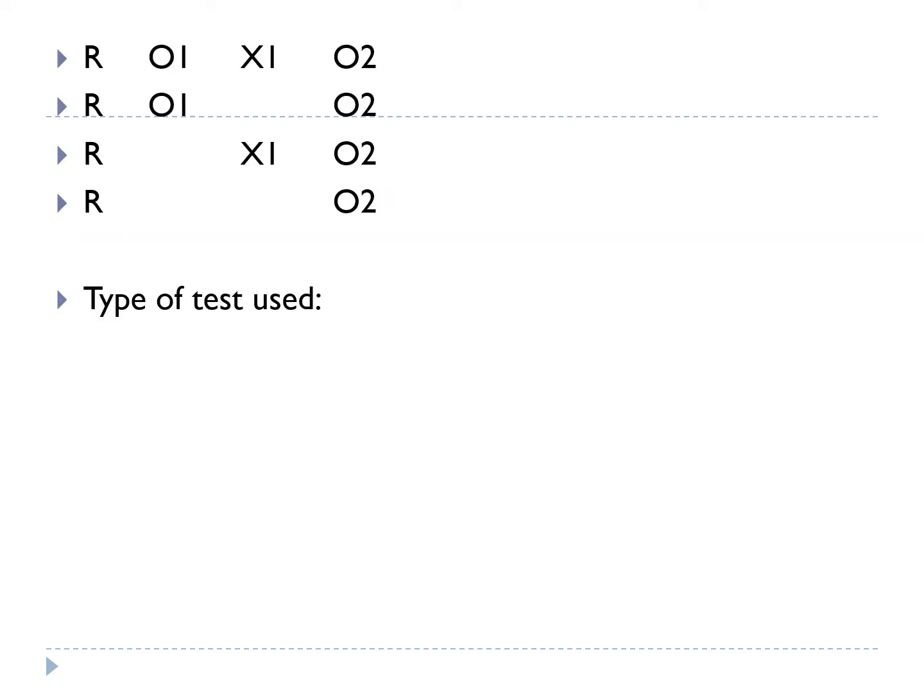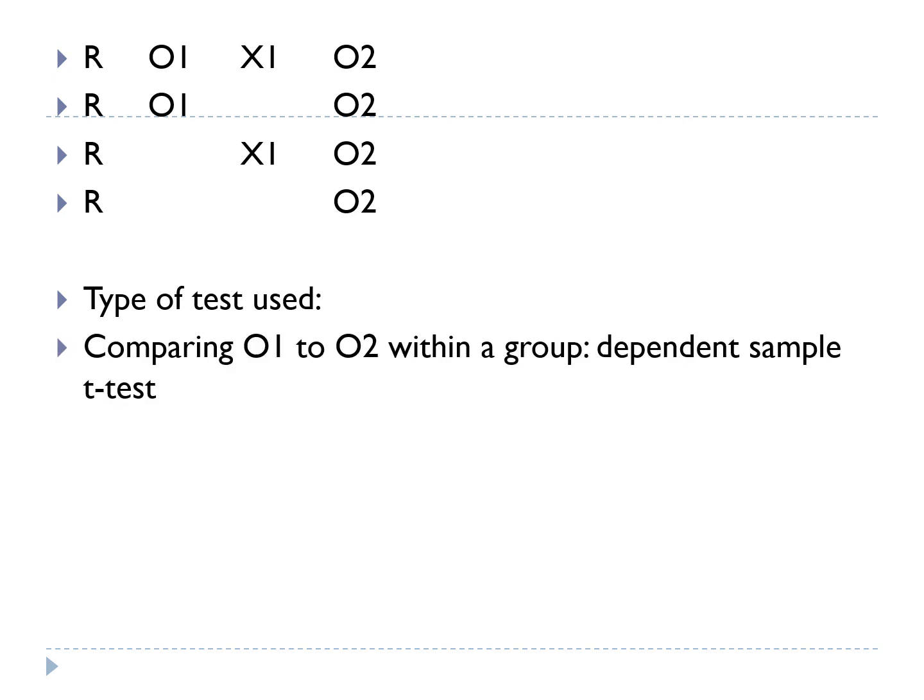Let's go ahead and look at this and think a little bit more about the type of statistical test we would use. Once again, this is just intended to spark some memory from statistics and to have you thinking about how design is linked with statistical tests as a bit of a review in anticipation of having to do this exercise for phase 4. So if you were comparing O1 to O2, once again, that's change over time, so that's a dependent sample t-test.